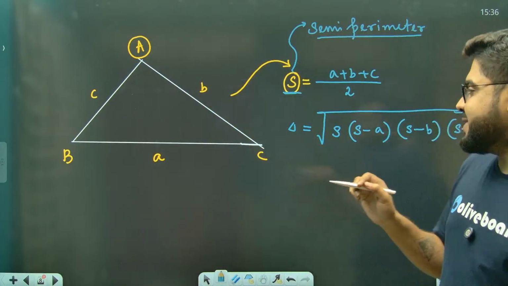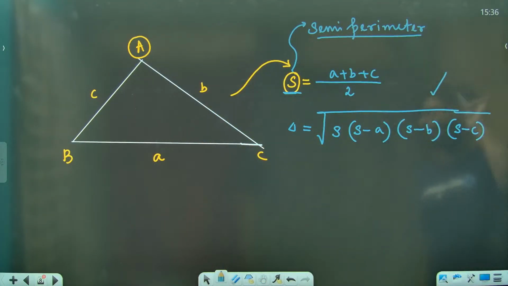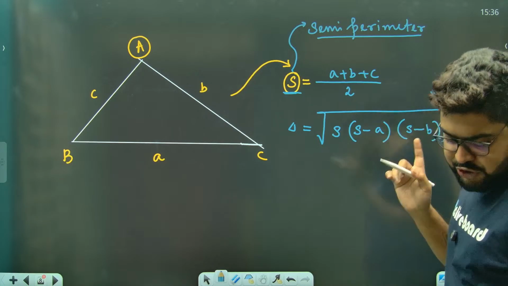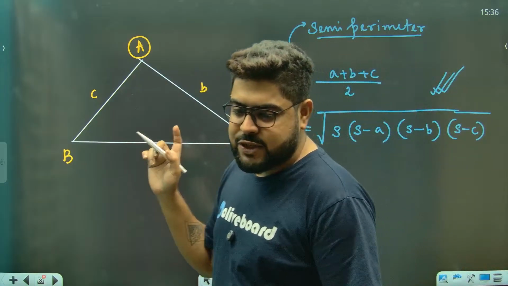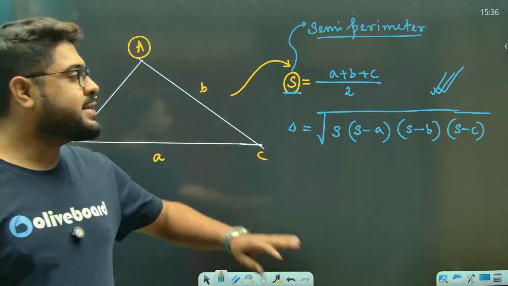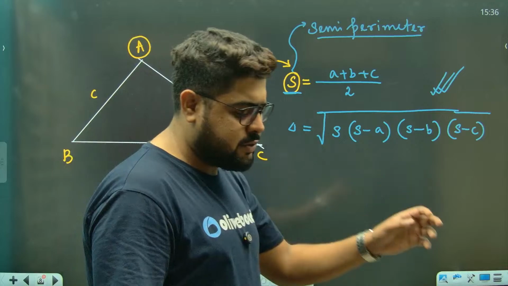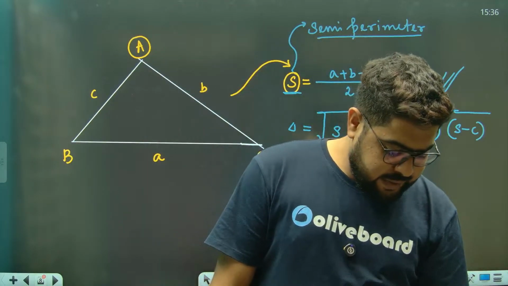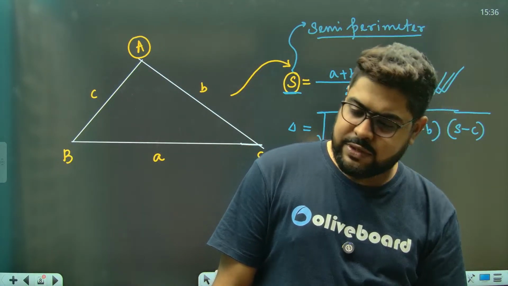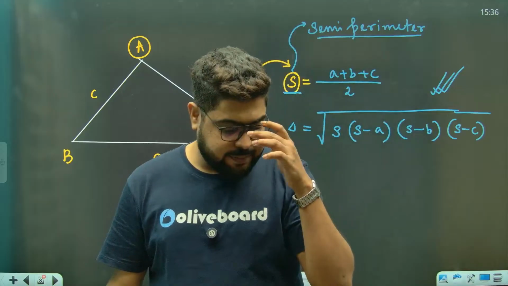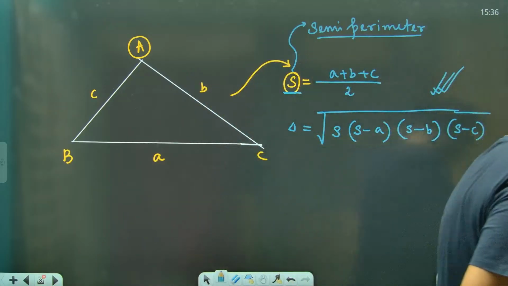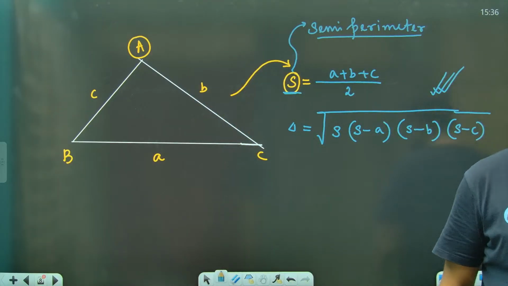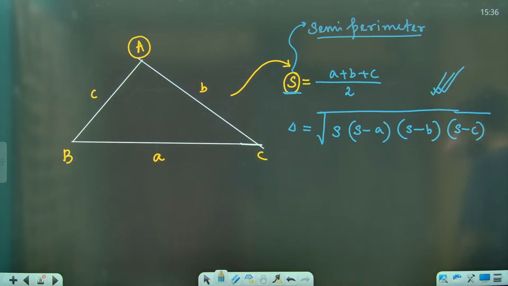You can use this for an equilateral triangle, an isosceles triangle, or a scalene triangle. This is your generalized formula. It works everywhere, without any hiccups, wherever you want to use it. Clear?